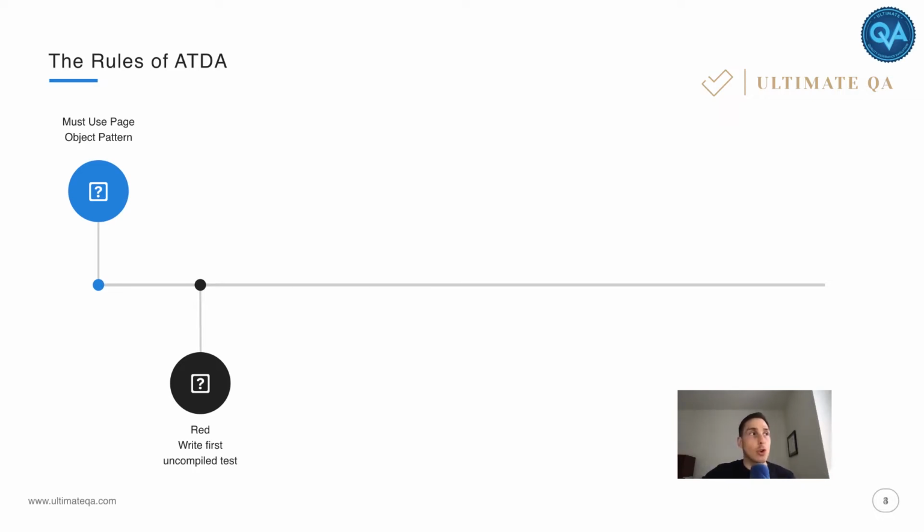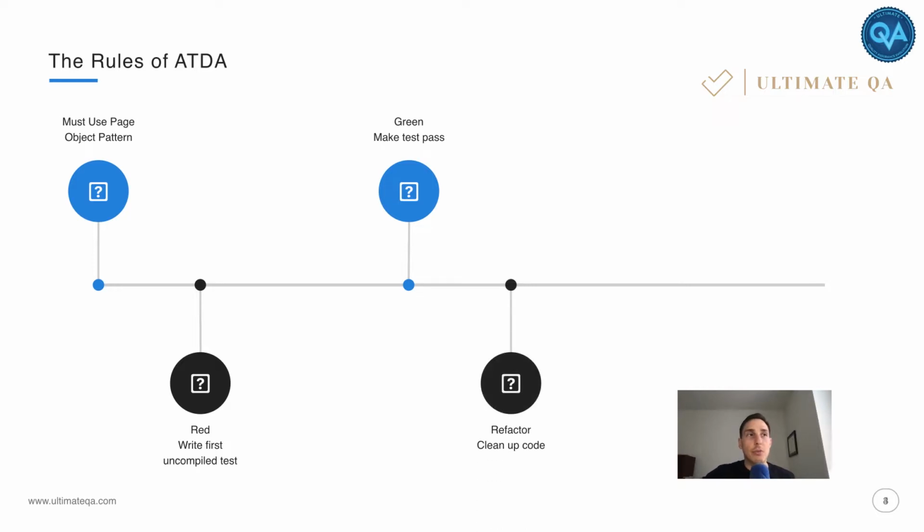So first, you're going to enter the red phase. In the red phase, you write your first uncompiled test. In the green phase, you will make that uncompiled test pass. Next, you'll enter the refactor phase where you're going to clean up the code. Next, you're going to enter the red phase where you're actually going to make sure that your test fails as you designed it.